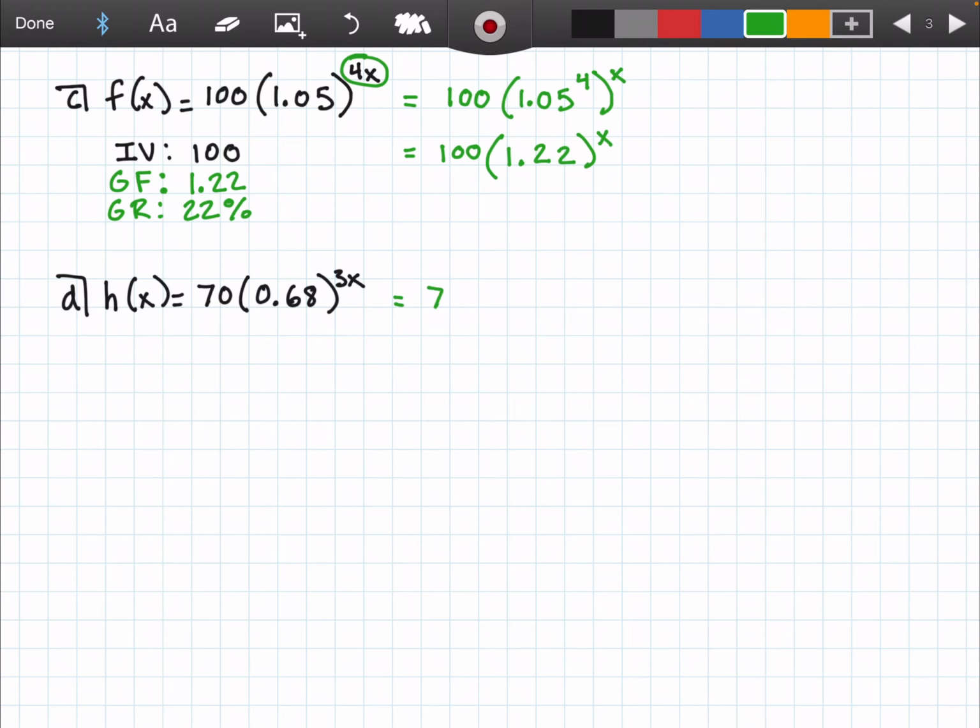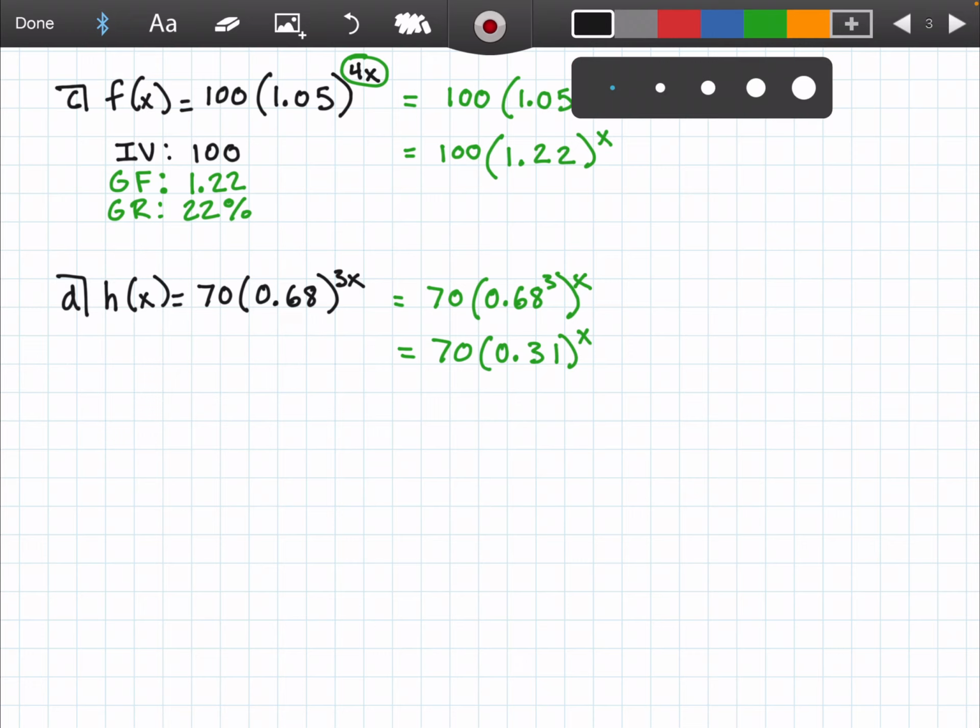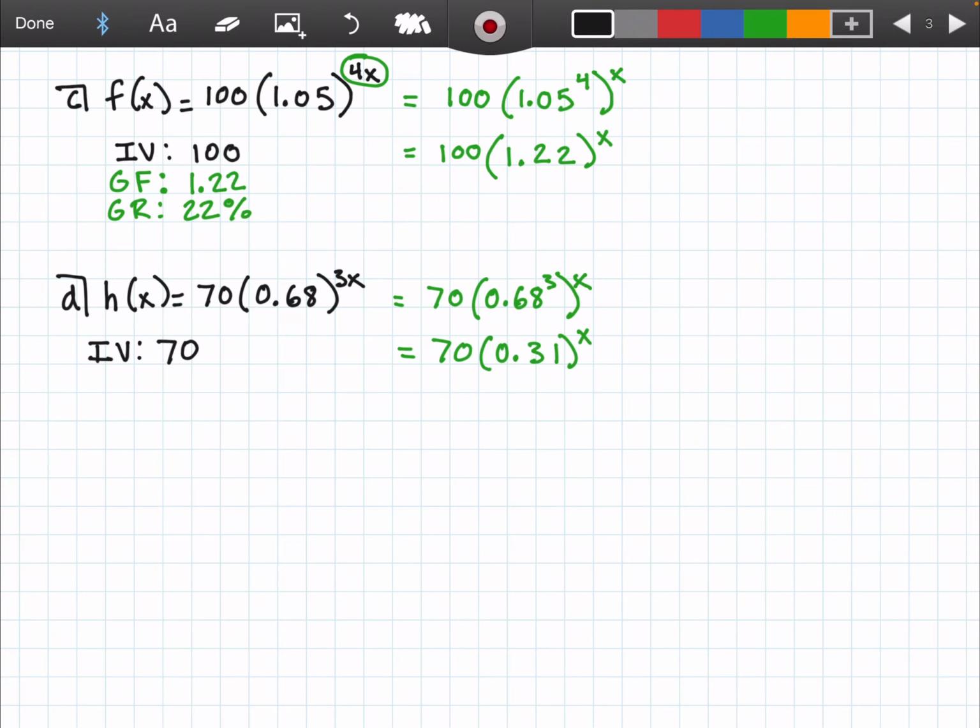Once again, I could pull up properties of exponents because this would be equivalent to 0.68 to the 3rd all to the x, which means this is really 70 times, let's see, 0.68 to the 3rd becomes 0.31 to the x. So my initial value is 70. This time my decay factor is 0.31 and my decay rate is 69%.